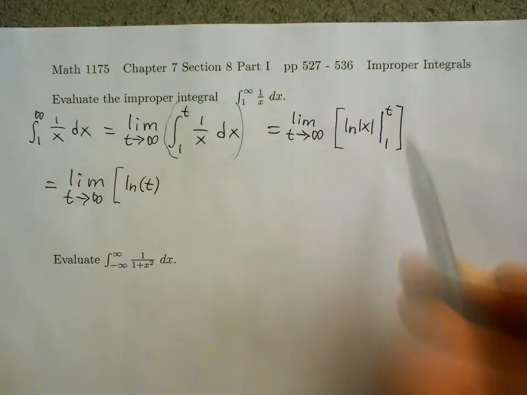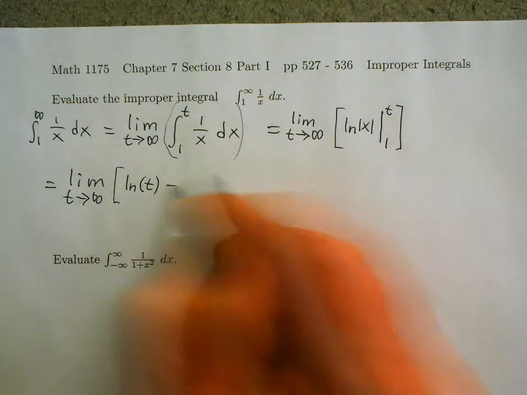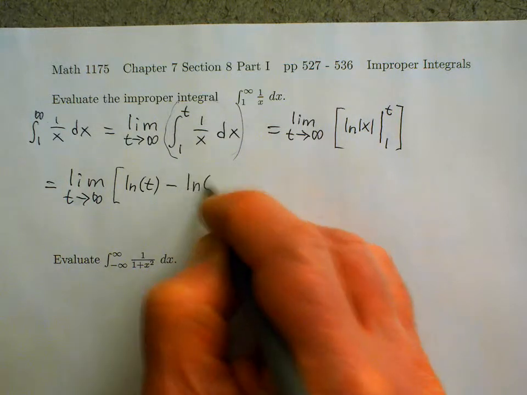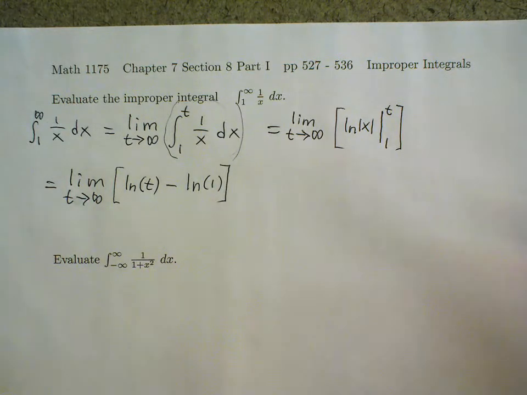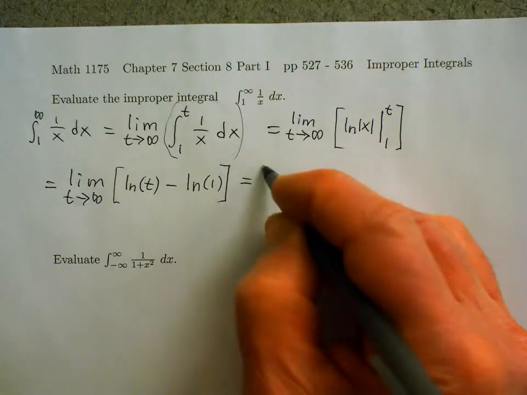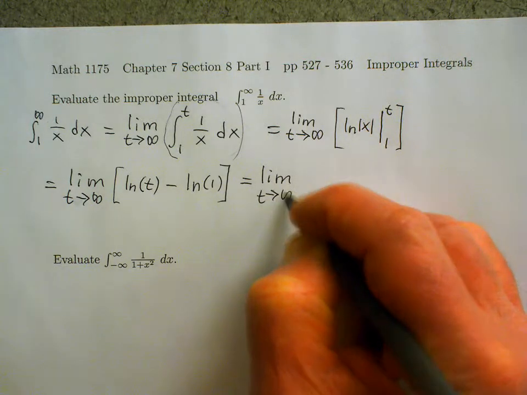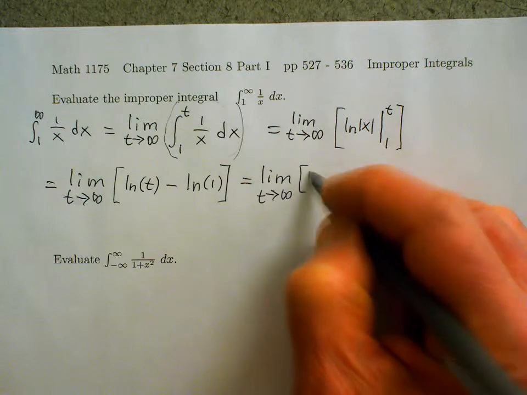We know t is positive, so we don't really need the absolute value symbols, minus the natural log of 1. The natural log of 1 is 0, so let's just write this as the limit as t approaches infinity of the natural log of t.